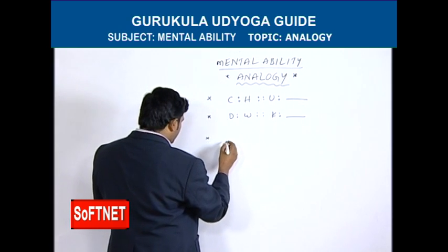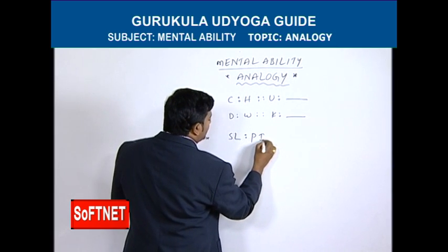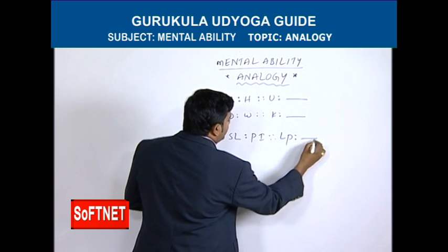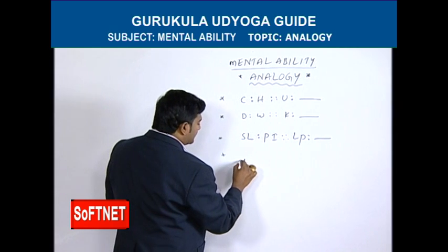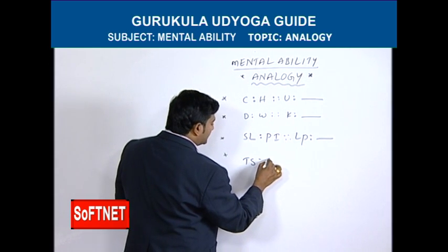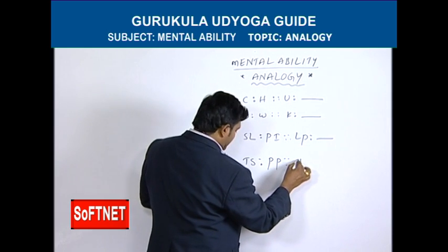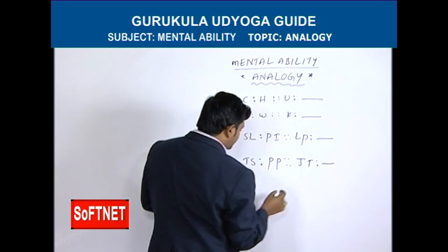Now third one, S L is to P I as L P is to dash. Next question is T S is to P P as J T is to dash.